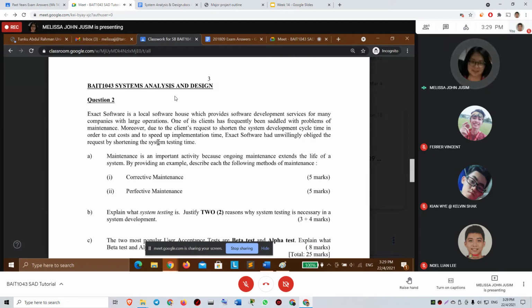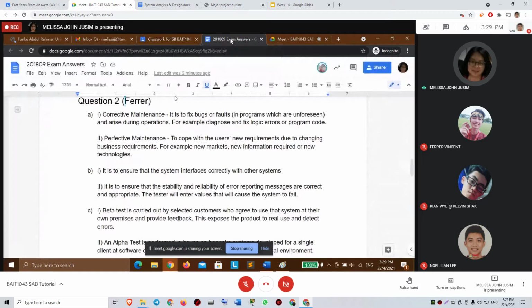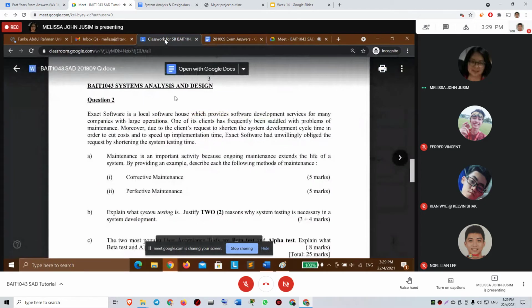Okay, so the first question: provide an example and describe each of the following methods of maintenance, corrective maintenance, for 5 marks. So corrective maintenance is to fix bugs. Yes, correct. Okay, example, logic error, fix logic errors. Good.